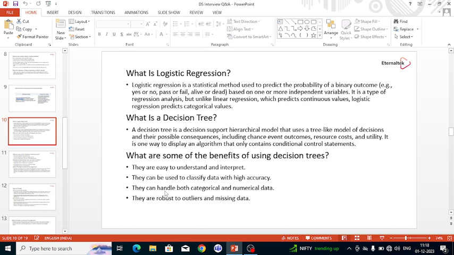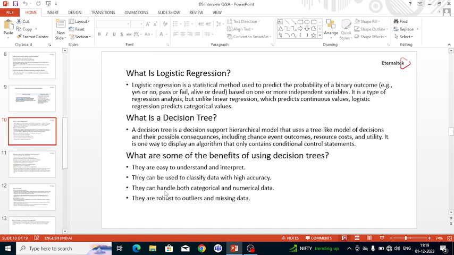The next question is, what is a decision tree? A decision tree is a machine learning algorithm. It is a hierarchical decision support model that uses a tree-like model of decisions and their possible consequences, including chance event outcomes, resource costs, and utility.